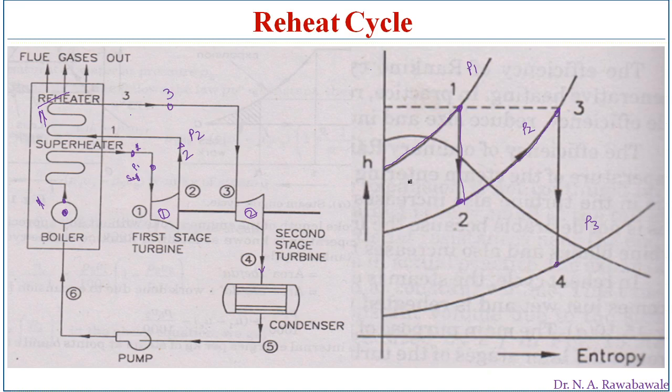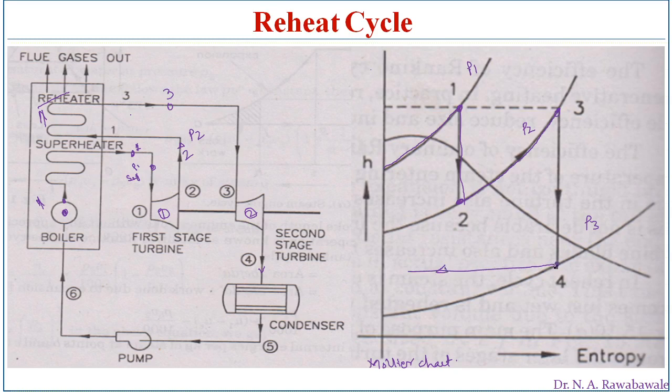So here we can see the HS diagram, that is the enthalpy entropy diagram or Mollier chart. So this process is shown on the Mollier chart. Again, similar to that, we can say this is the condensation process, which can be shown as condensation at constant pressure.